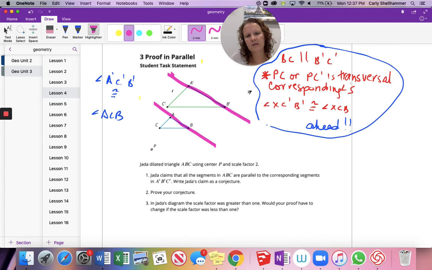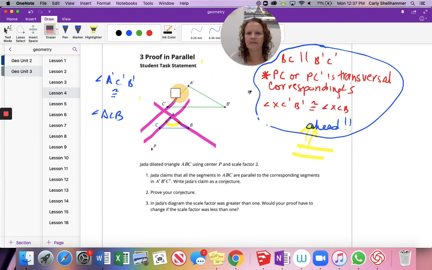And if we don't want the transversal to be the ray from P through those points, we could say this angle is equal to this angle, but they don't have the same transversal. So we're going to stick with this. Using the dilation ray works the best. All right, let's move on and see where we're going here.